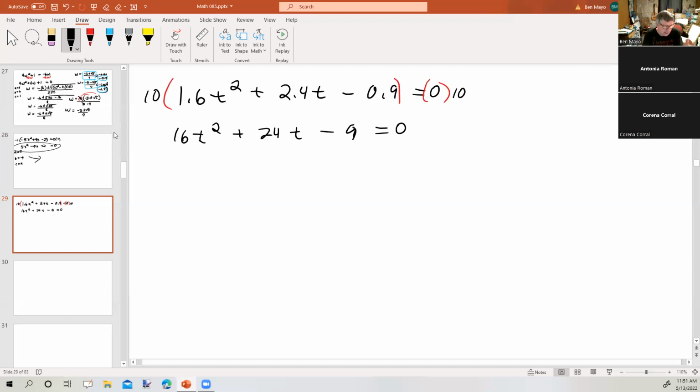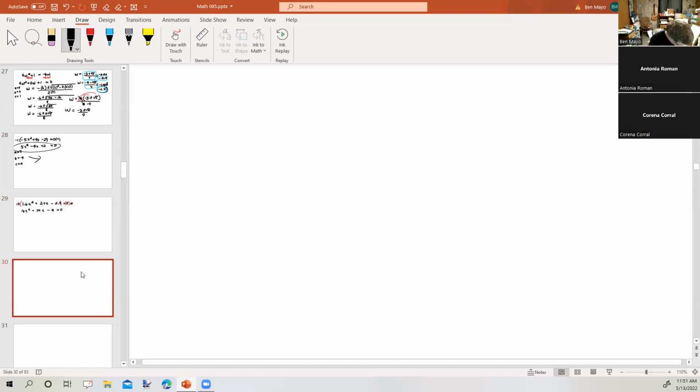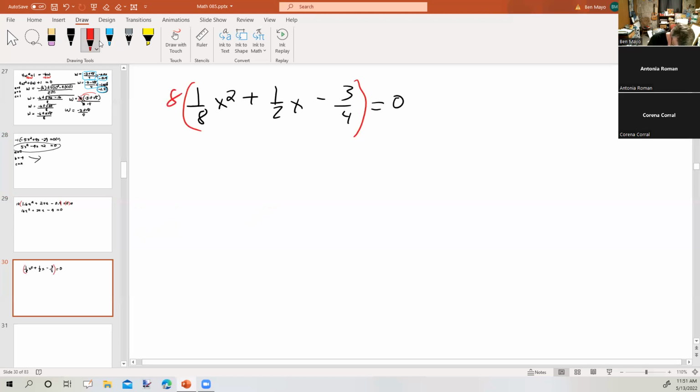So we can get rid of a negative in front. We can get rid of decimals. How about fractions? Let's say we've got 1/8 x squared plus 1/2 x minus 3/4 equals 0. Well, the least common denominator is 8. So if we multiply both sides by 8, 8 times 1/8 is 1.